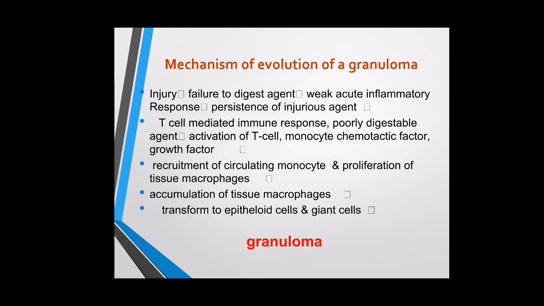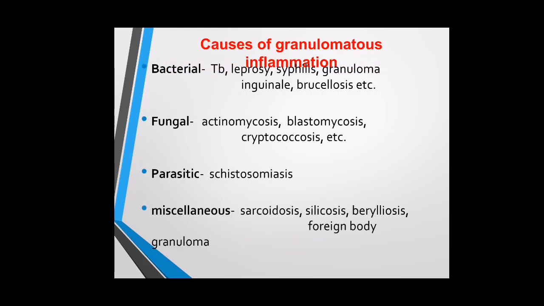There is activation of T cells, monocyte chemoattractive factor and growth factor. There is recruitment of circulating monocytes and proliferation of tissue macrophages. Now these macrophages accumulate in the tissue and transform into epithelioid cells and giant cells, and thus the granuloma forms.